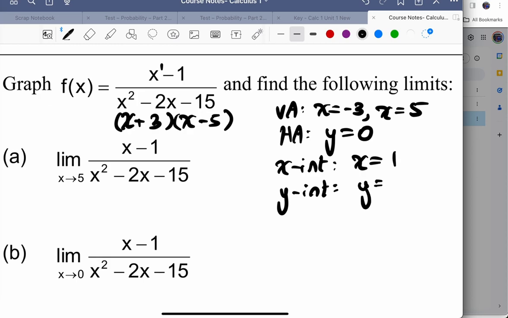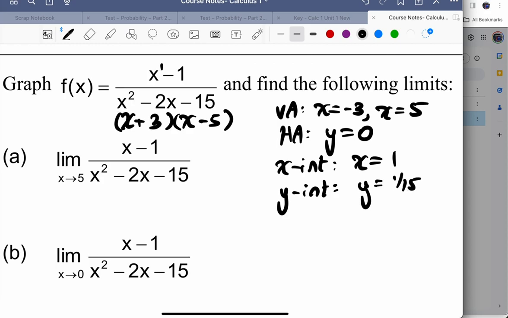The y-intercept you get by slotting in a 0 everywhere you see an x. It's kind of like just covering up anything that has an x in it and simplifying the rest. So all of this would be gone, and you're left with negative 1 over negative 15, which is just 1/15.